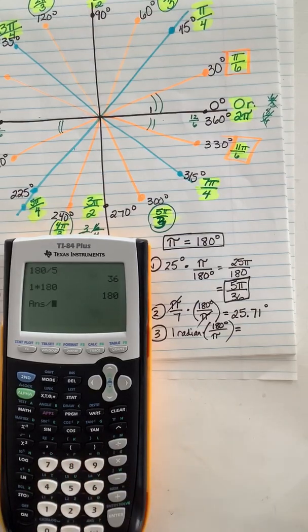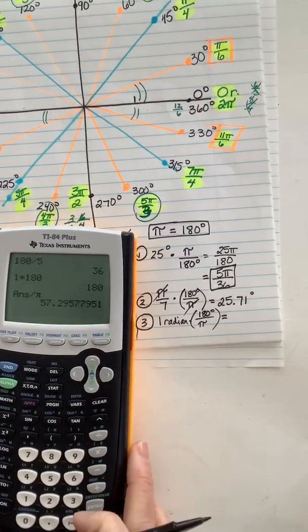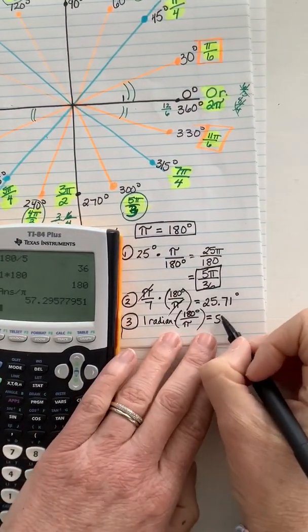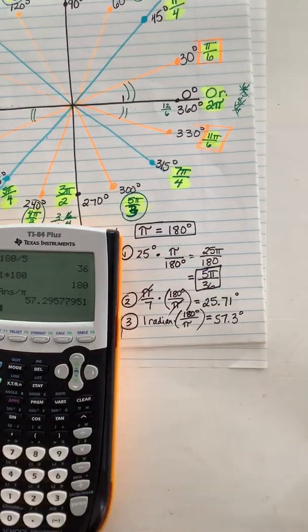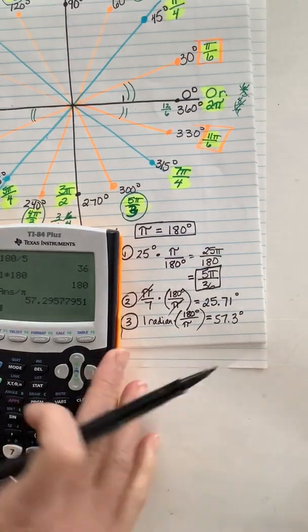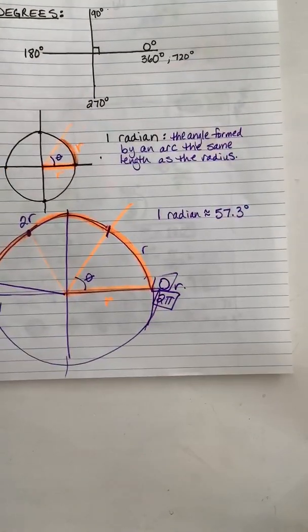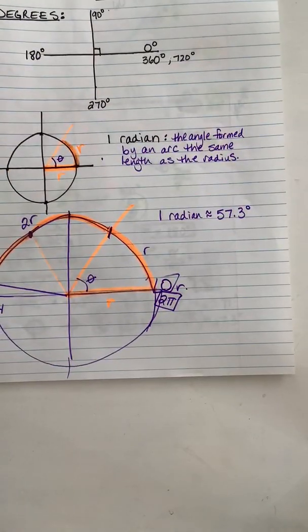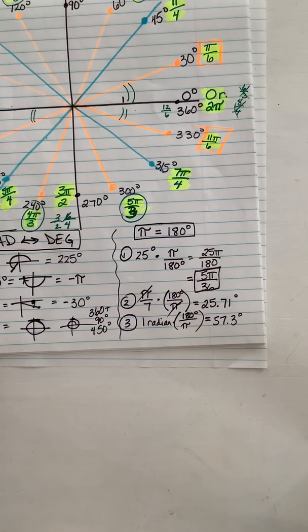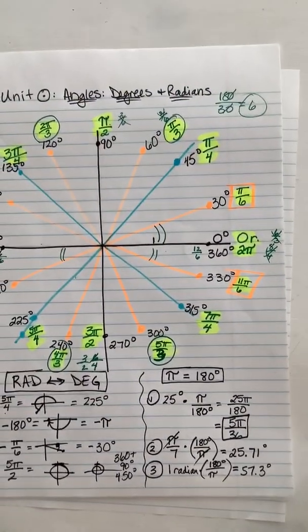And then I'm going to divide it by pi, which means 57.3. Okay, 57.3 degrees. Wait a second. We already decided that was 1 radian. Cool. Just shows you that that works, of course.